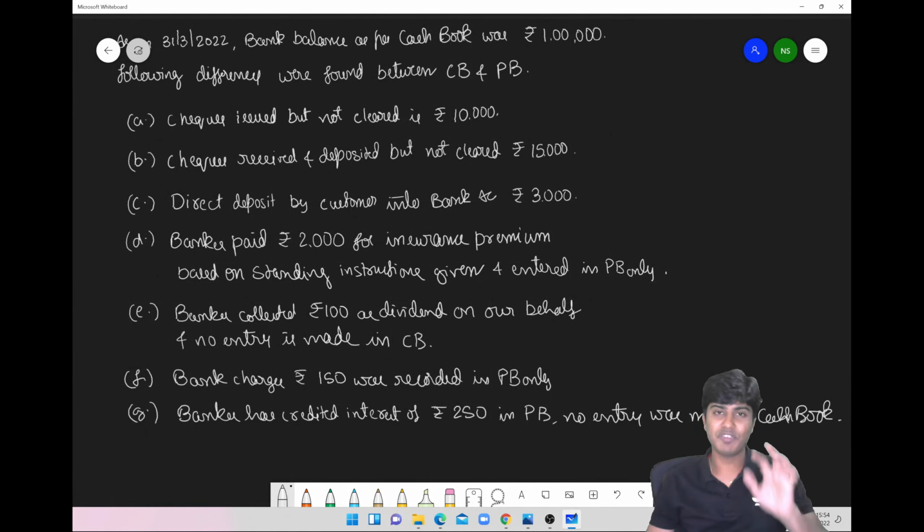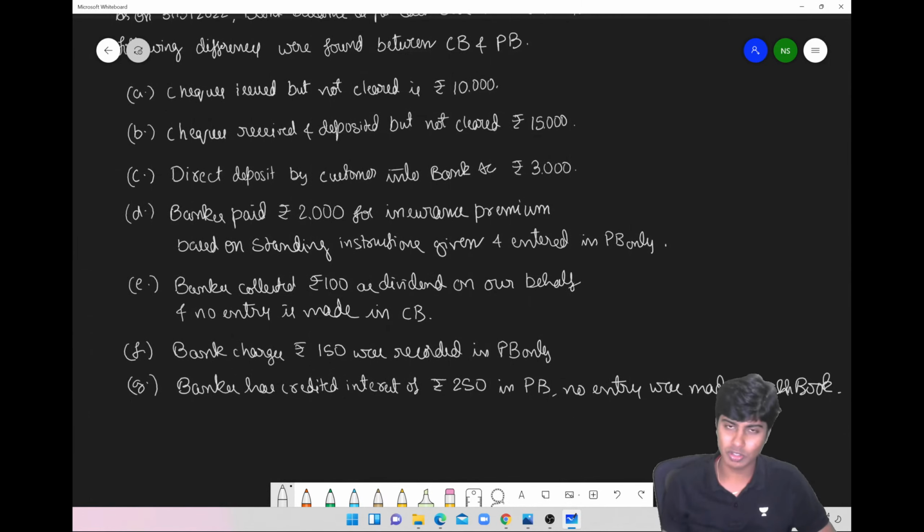Now, let me frame the first question on this. The first question is: determine the balance as per passbook. That is not the objective with which we prepare BRS, but in this question, I'm asking you guys to determine the balance as per passbook. Can we determine the balance as per passbook?